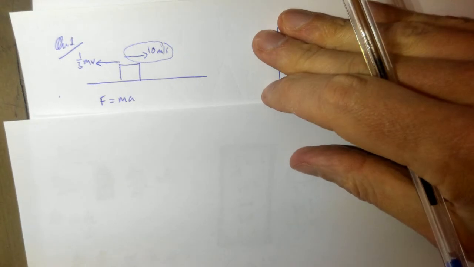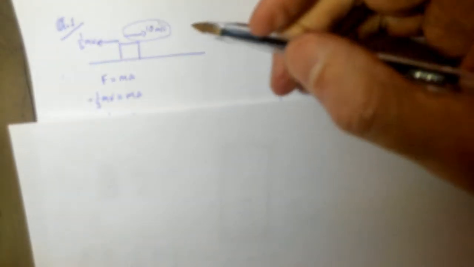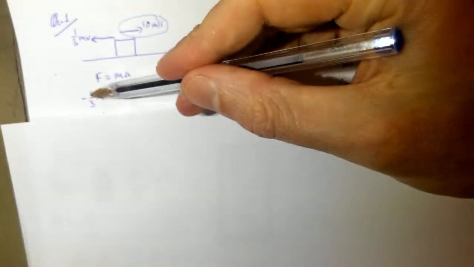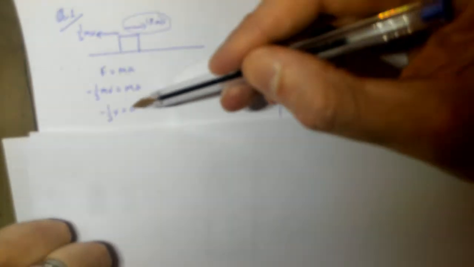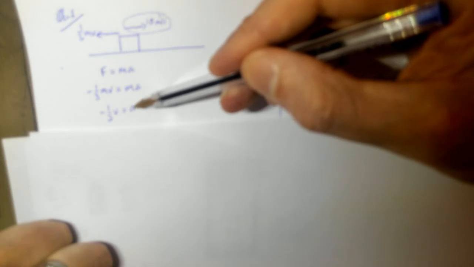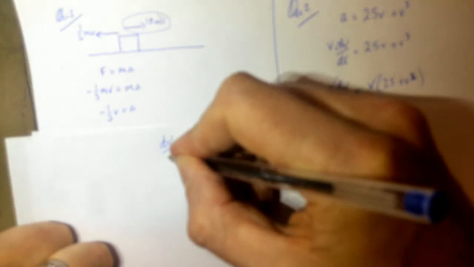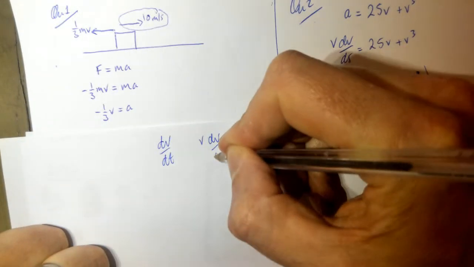So F equals ma, minus a third mv because we're working against the motion. So the mass cancels. There we go. That's what we want to aim for as a link. Well, there's an expression for the acceleration. Now, do we use dv by dt or v dv by ds?